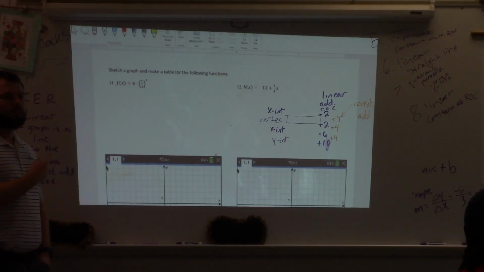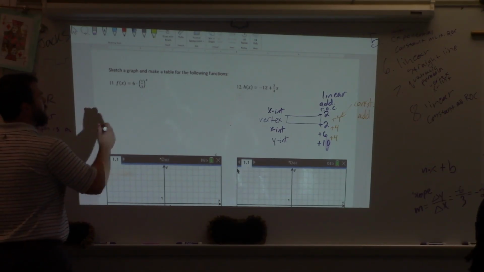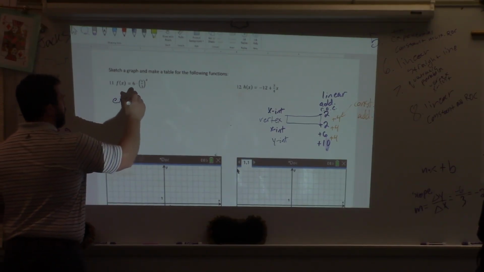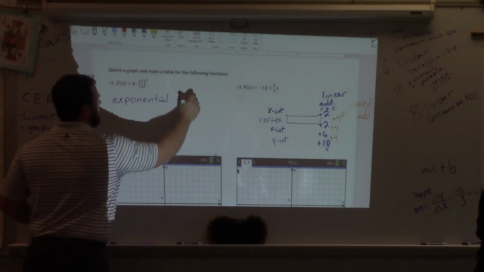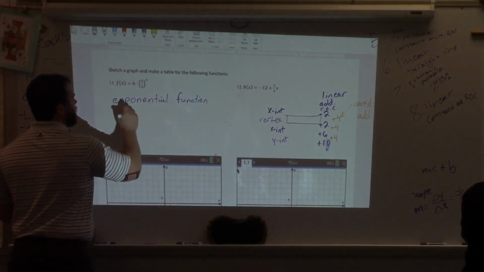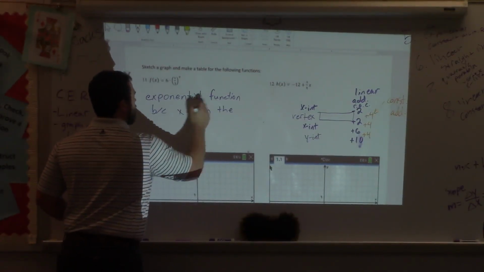Hey, what type of function is number 11? How do we know this is exponential? Okay, so this is an exponential function because x is in the exponent.